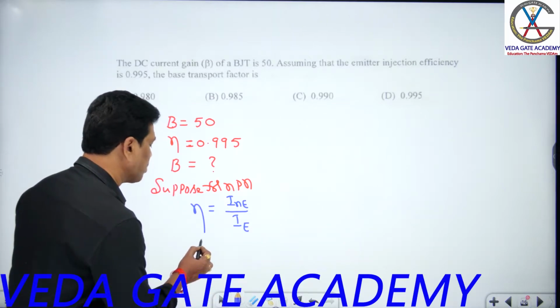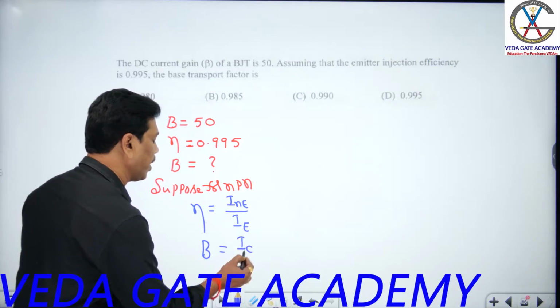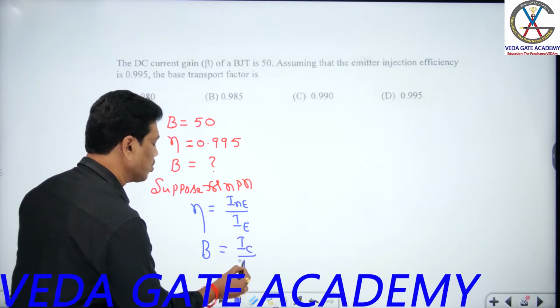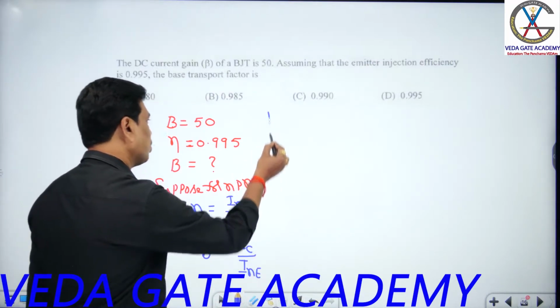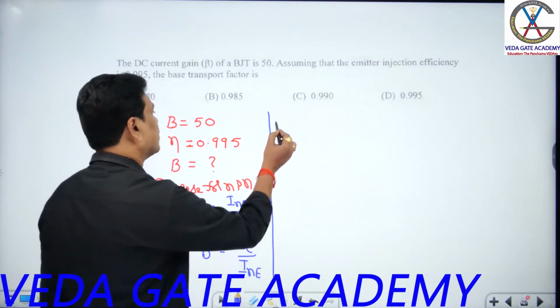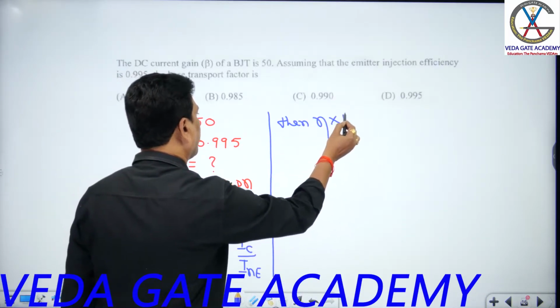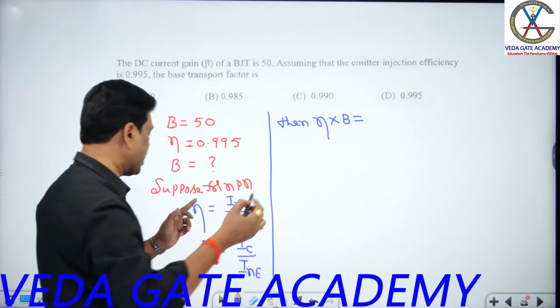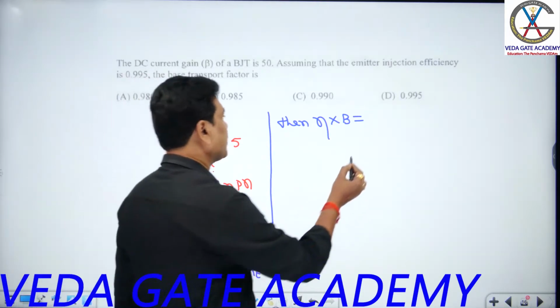And the base transport factor represents the injected collector current compared to the current due to the diffusion of emitter carriers only, that is IC by INE. So these things you know, students. Then I can multiply those two things: eta into B, where B is the base transport factor. If I multiply these two, INE gets cancelled and it becomes IC by IE.